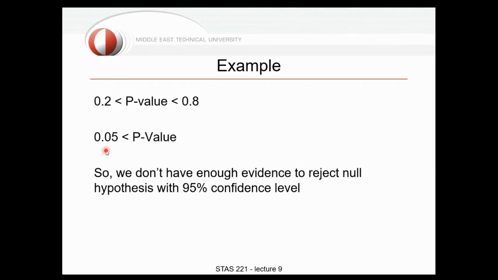So whenever the p-value is more than your alpha, what happens? We cannot reject H0. We don't have enough evidence to do that, at the 95% confidence level. Whenever you want to reject H0, your p-value should be less than alpha. This is the same case for the t-student and normal distribution that we talked about everywhere. For all the tests you have, the p-value should be less than alpha. Otherwise, there is not enough evidence to reject your null hypothesis.